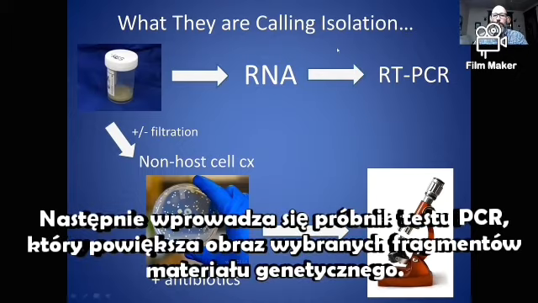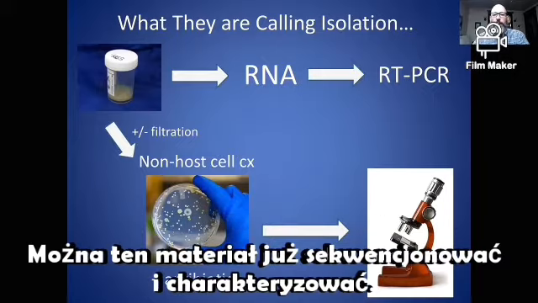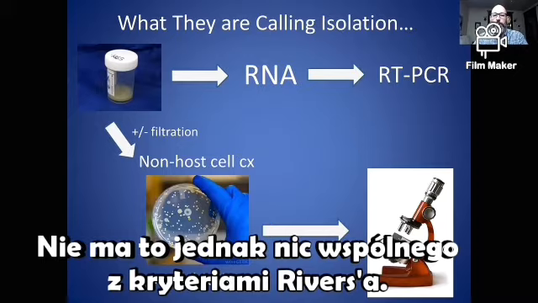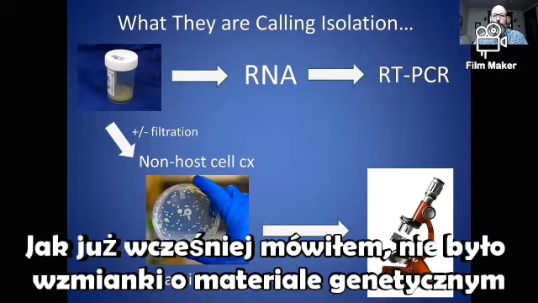And then they put in some PCR probes, which will amplify various pieces of genetic material. And they can then sequence that genetic material and characterize it in many ways. But this has nothing to do with Rivers' criteria. As I said before, there was nothing mentioned about genetic material.